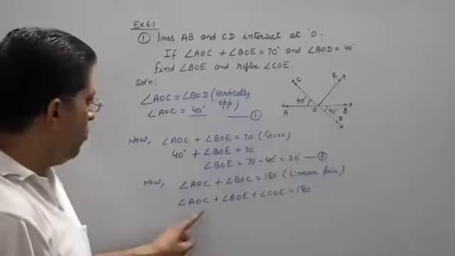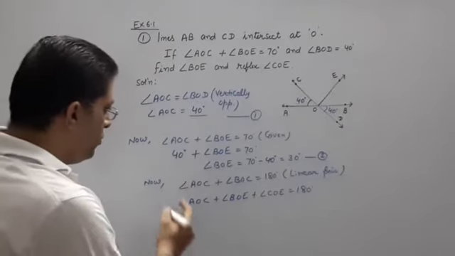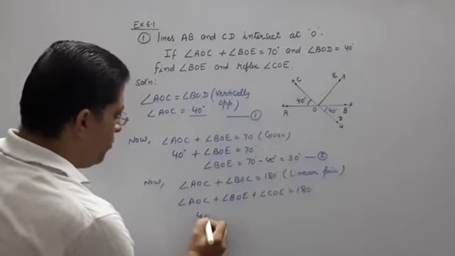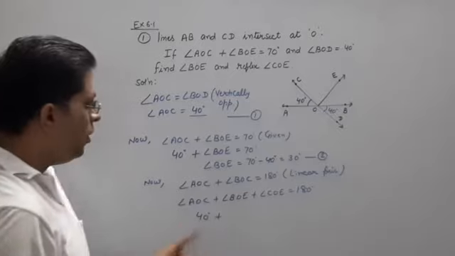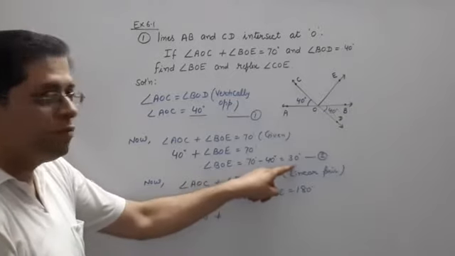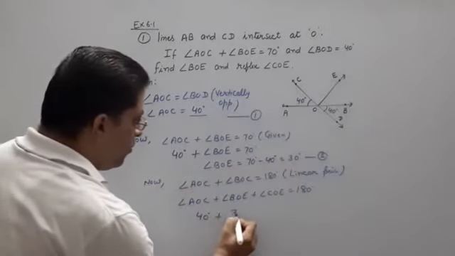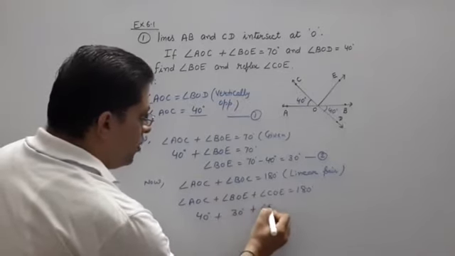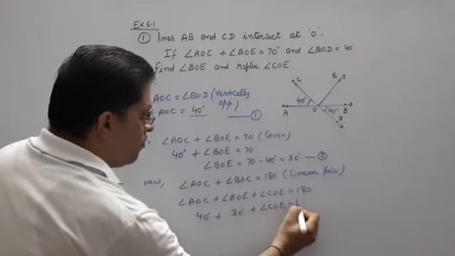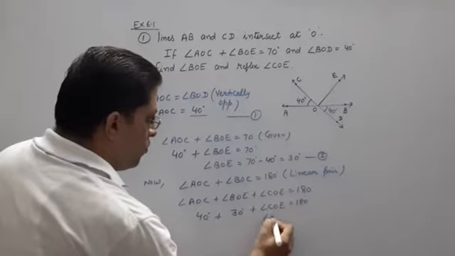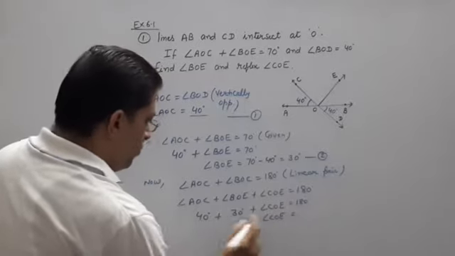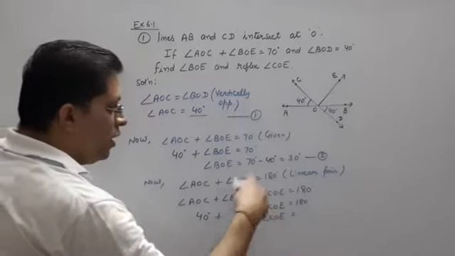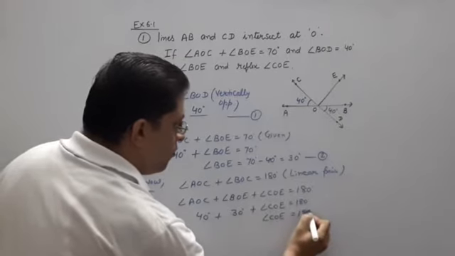Okay, AOC I know here. This is 40 degrees. BOE also I know. This is 30 degrees. And what will COE be? 40 plus 30 is 70. I am sending 70 there.